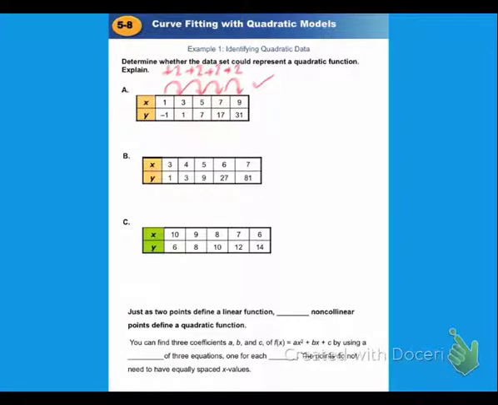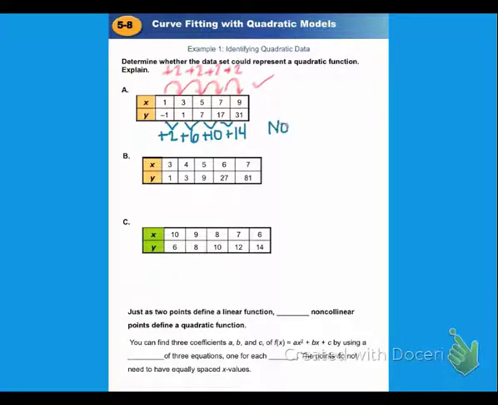And now we're going to take a look at the first differences, because you can't check the second differences until you check the first differences. So we're going to see if maybe it might be linear. The first y value is -1. Going up to 1, it's increasing by 2, then increasing by 6, and then increasing by 10, and then increasing by 14. So we know for sure it's not linear.